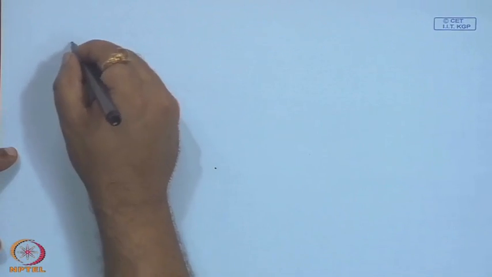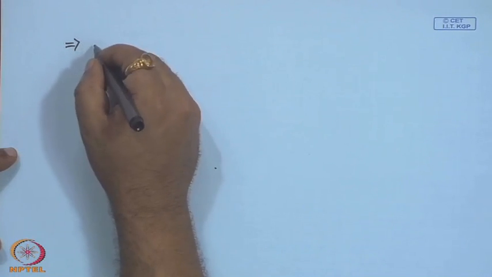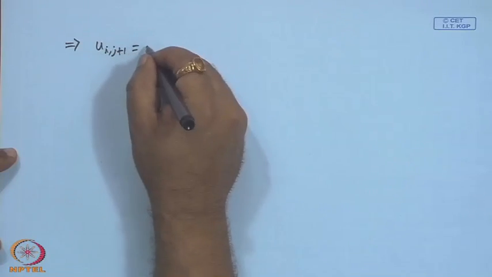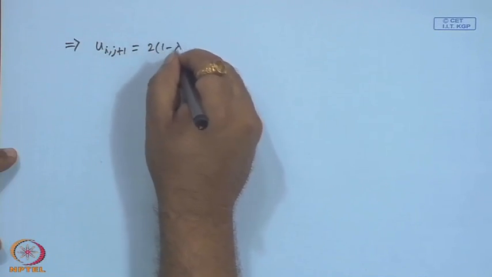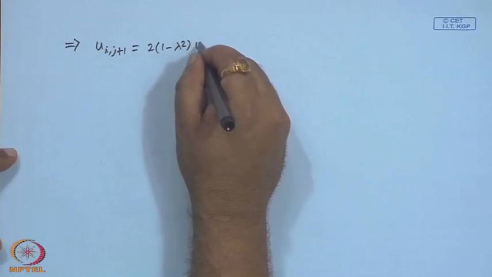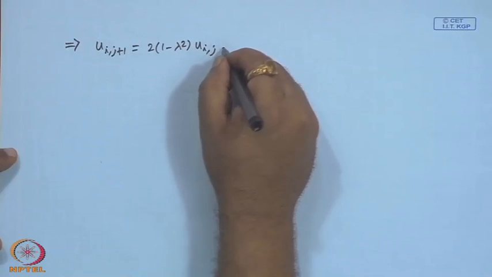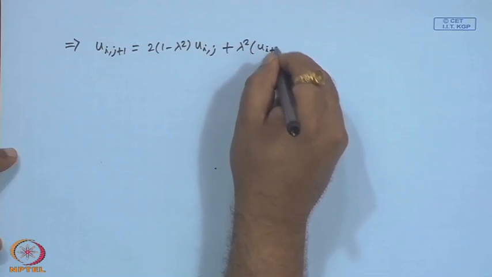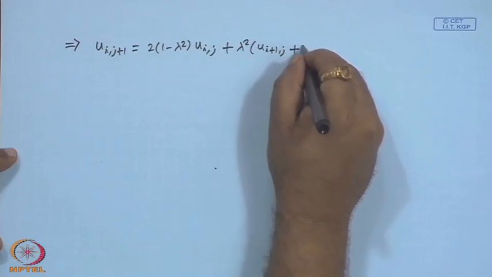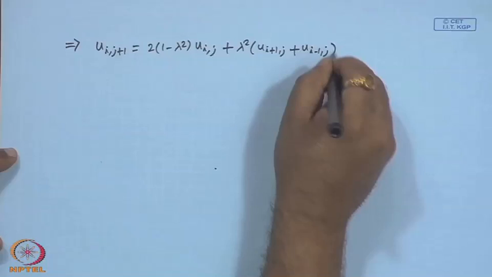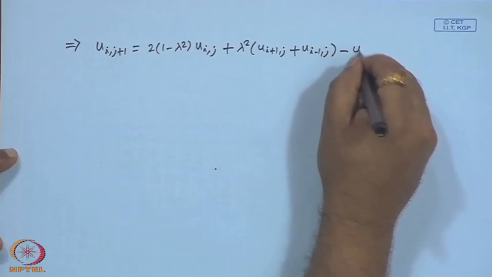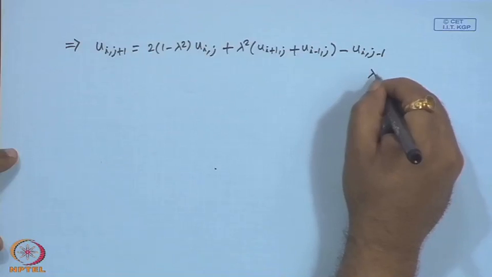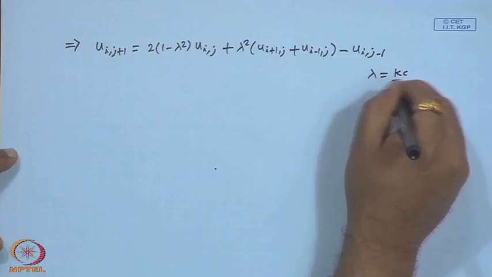If you simplify, we get the following, where lambda equals k c by h.